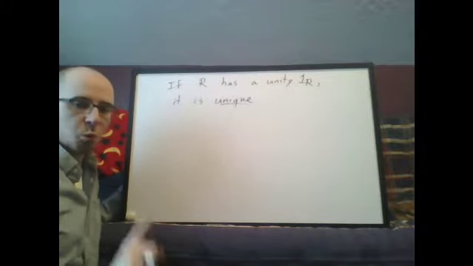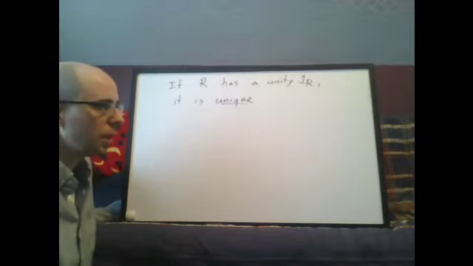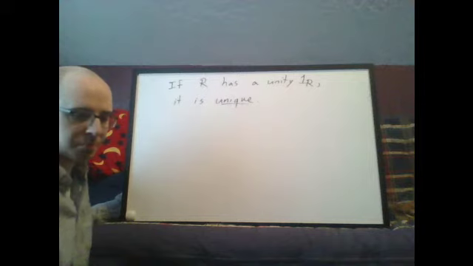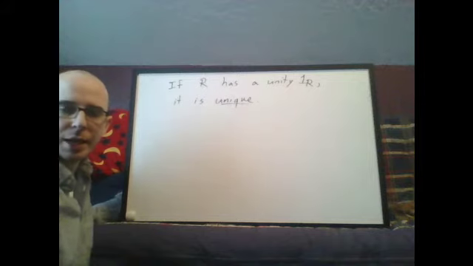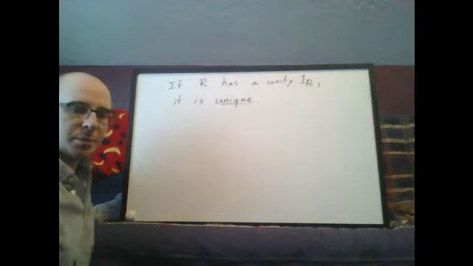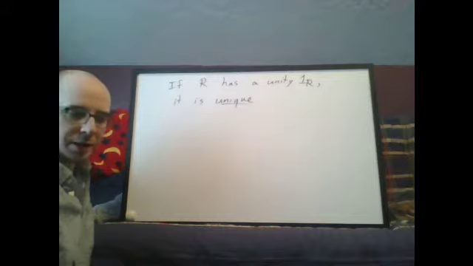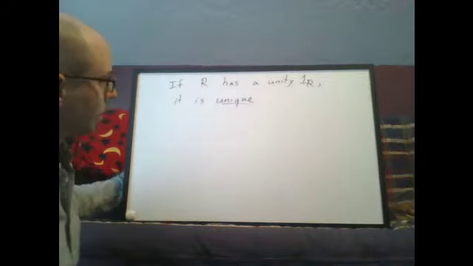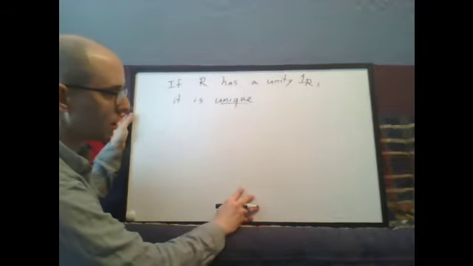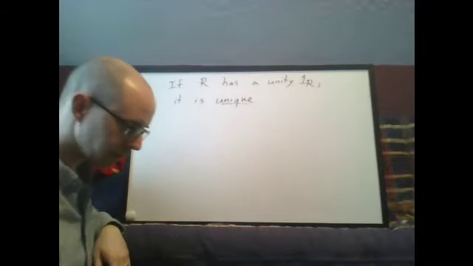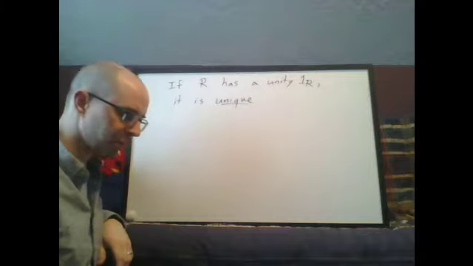So it can only have one unity element. The proof of this is basically the same proof as saying a group can only have one identity element. If you have two different elements that act as an identity, then what happens if you multiply them times each other? Well, each one would have to give you the other because they both act as an identity element. Okay, so unities are unique when they exist.